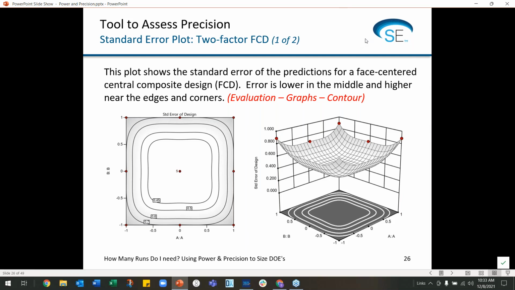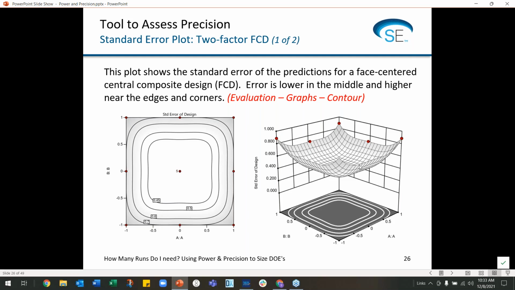It's just a conversion. This particular example is a two-factor face-centered central composite, and the graph is the standard error of your predictions. You can see that the innermost ring is 0.45, and then it goes up to 0.5, 0.6, 0.7.